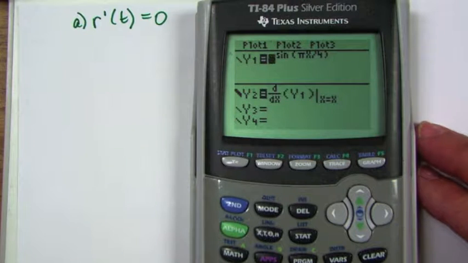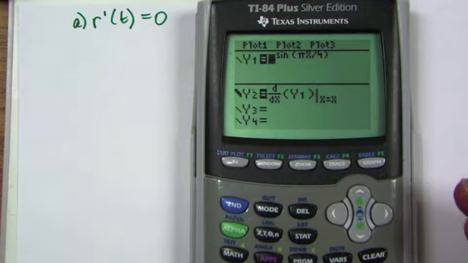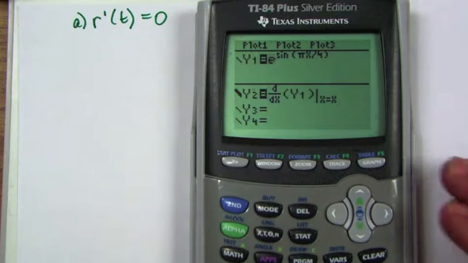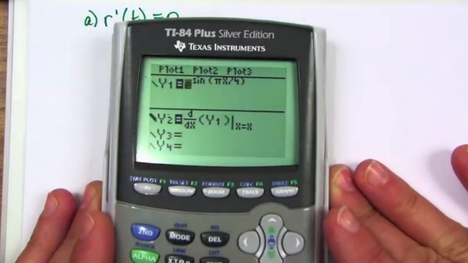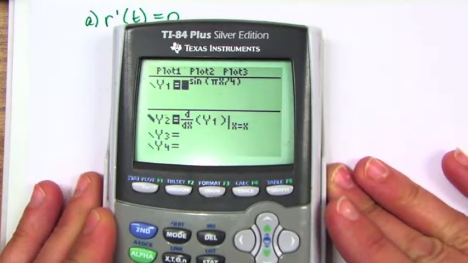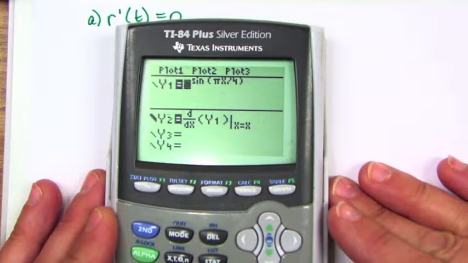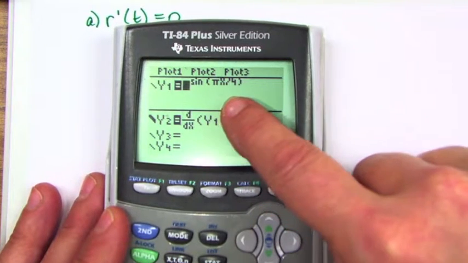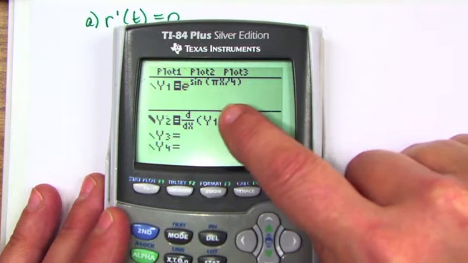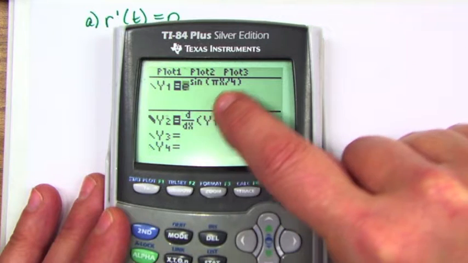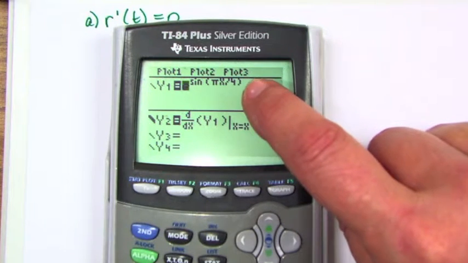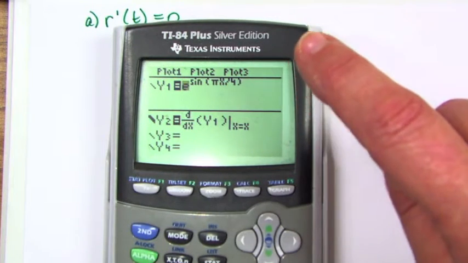And then I'm looking for where R prime of t is equal to 0, right? Sorry, I know that's hard to see. So I'm going to go ahead and graph the derivative so I can see where R prime of t is equal to 0. So here's my R of t. Make sure for the fraction that you've got your x with your pi, so it does order of operations correctly.